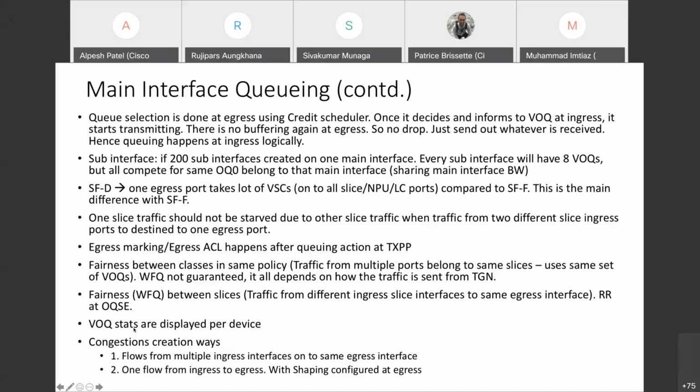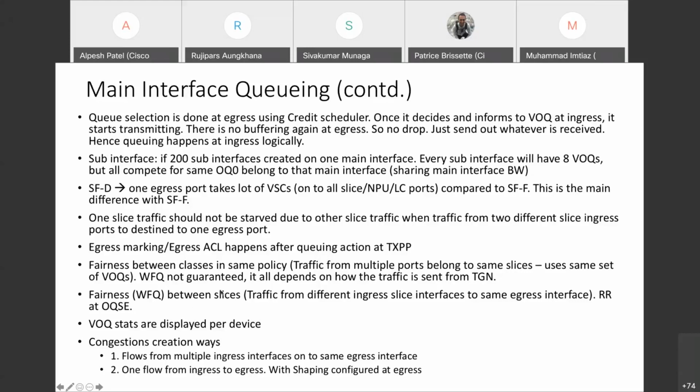VOQ stats are displayed per device, meaning per slice. And how can we create congestion? Let's take the example again, coming back to this particular point where we are sending traffic on multiple interfaces and we have one egress interface. If you have a 200 gig incoming interface and one egress 100 gig interface, now what happens? This is a congestion scenario, right?